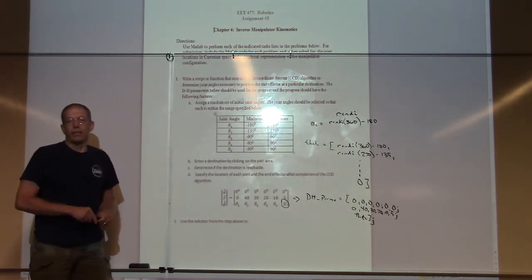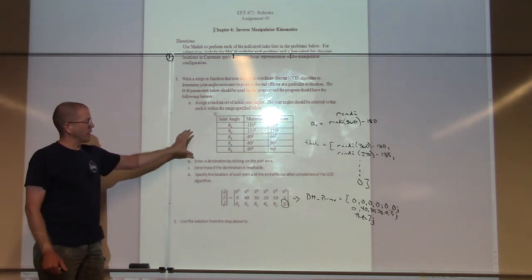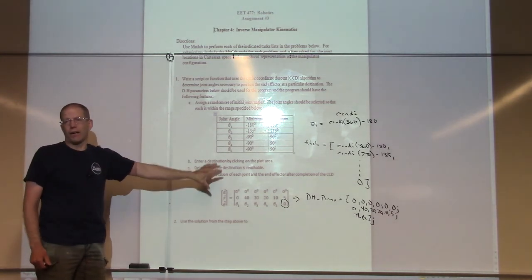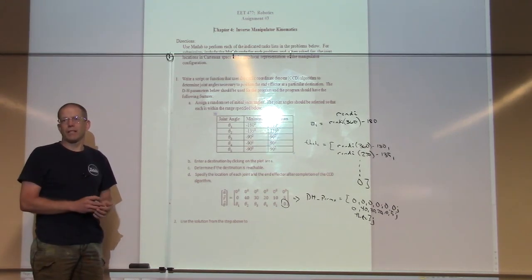And once we have our initial DH parameters set up, we can just go through and plot our setup exactly as we did before. That makes sense?